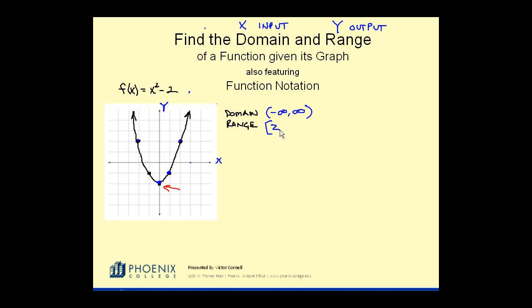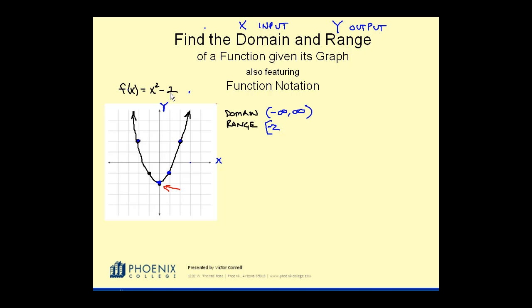The range can equal negative 2, right? That's the lowest y value you can get. When you input a 0, you get 0 squared minus 2, which is negative 2. Anytime you square a number, it's going to be positive unless it's 0 squared.